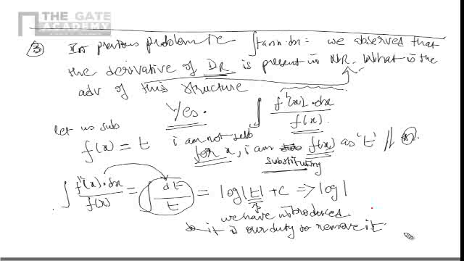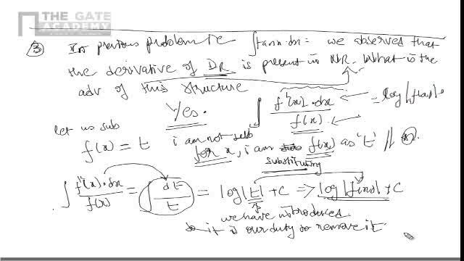T is nothing but f of x. This is a very important result. So the moment I have the derivative of the denominator in the numerator, the answer is log of mod f of x plus c.